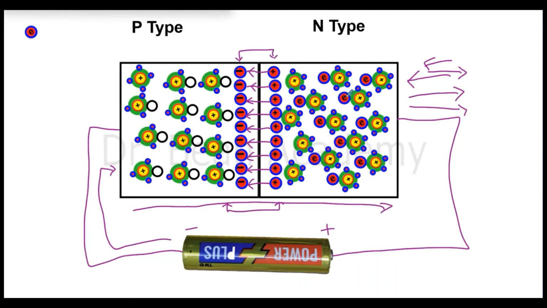And this setup is called reverse bias mode. And in this mode you will not see any flow of current. So there will be absolutely no flow of current, at least by the majority charge carriers.